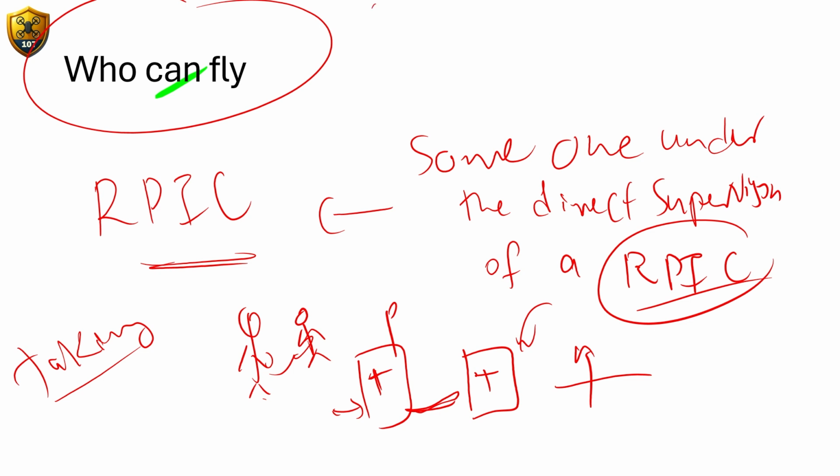Also, sometimes there may be automated systems that allow the RPIC to trigger a safety maneuver, like hold altitude, hold position, or return to home. So these are the cases where an RPIC who has a certificate can allow someone to control the drone.